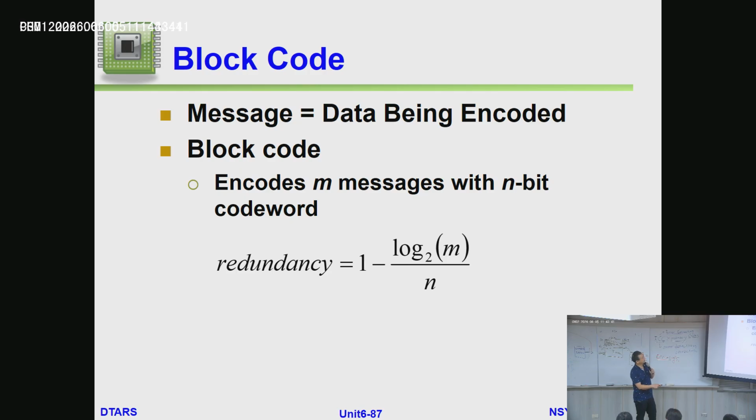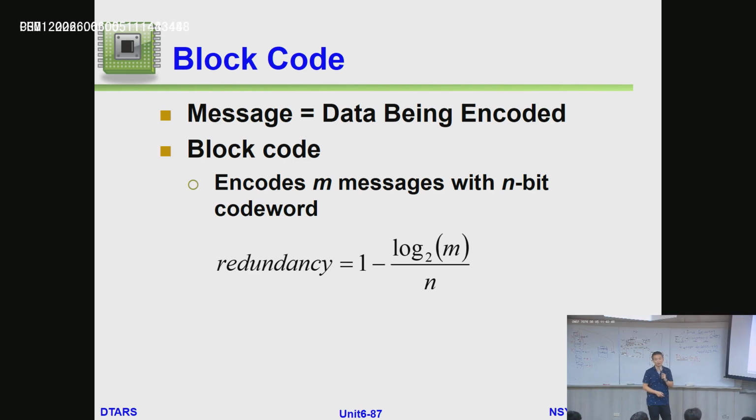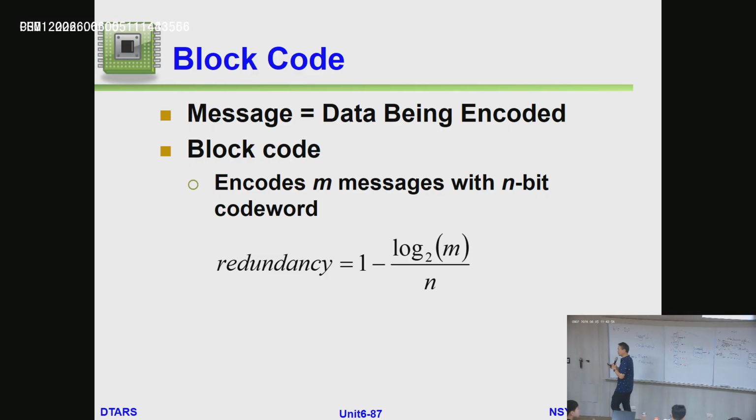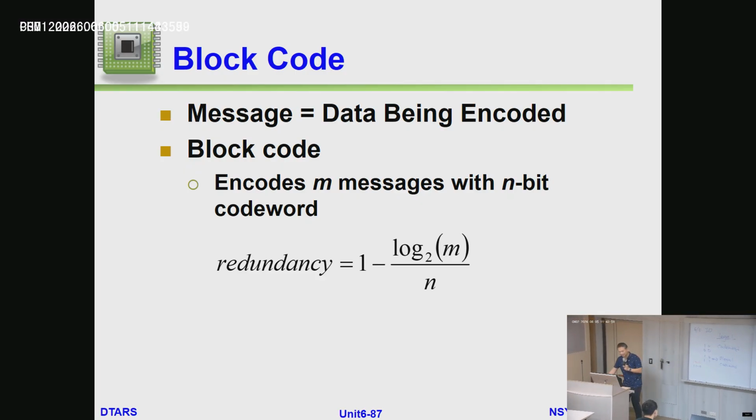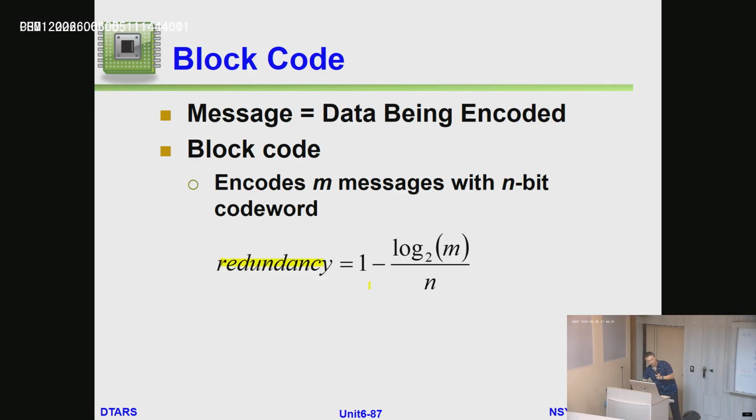Okay, so here maybe I can just skip these slides because they are quite mathematical. I don't think you are interested in these mathematical equations. But I just want to let you know about this redundancy. For every error correcting code, we need to care about how much redundancy we need to have.